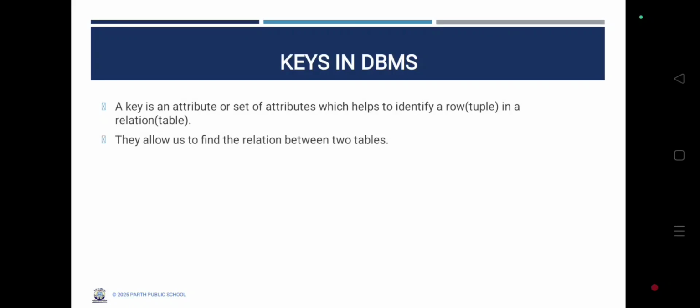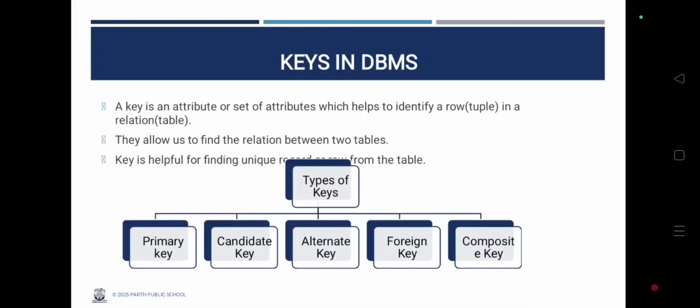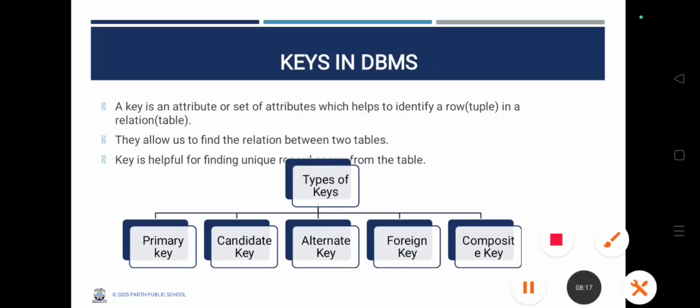A key is also helpful for finding the unique records or rows from the table. There are basically the following types of keys in a relational database: primary key, candidate key, alternate key, foreign key and composite key, and we will learn them one by one.